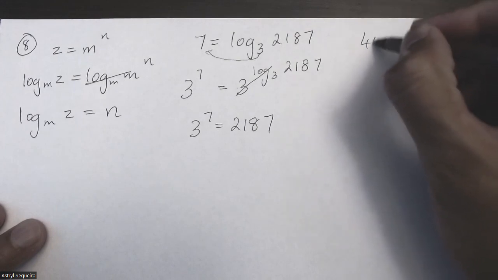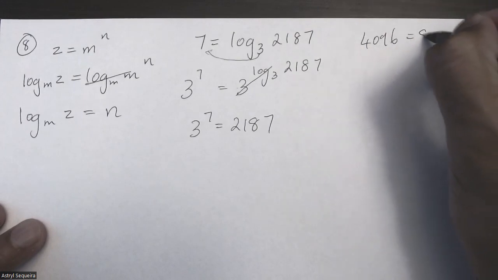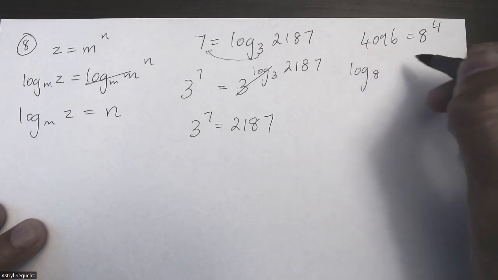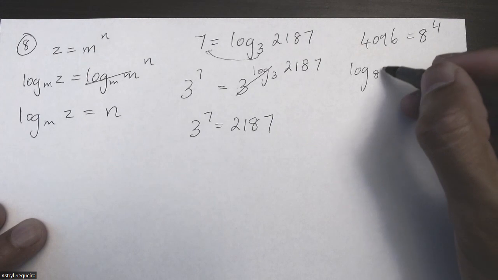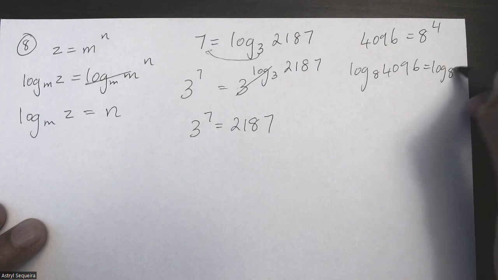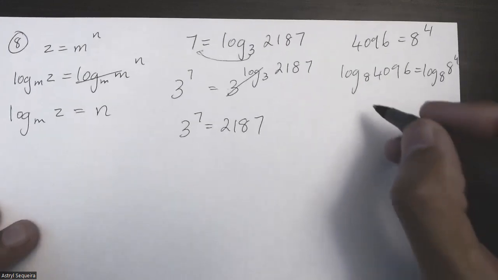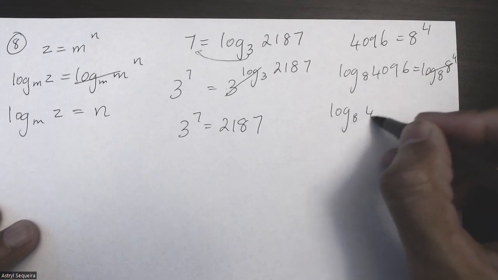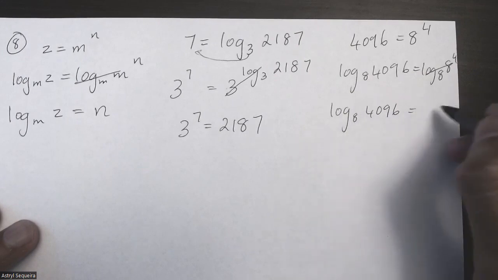So the next example, which is 4096 equals 8 to the power of 4. We're going to do log base 8 on both sides. Then this cancels. So log base 8 of 4096 equals 4.